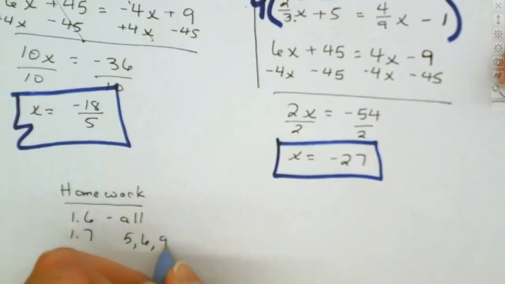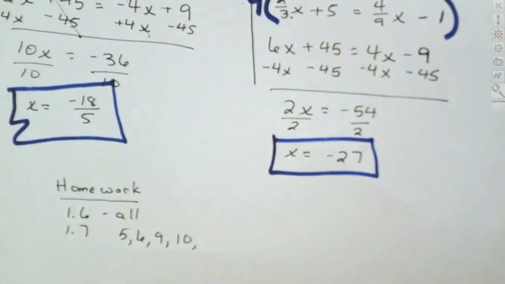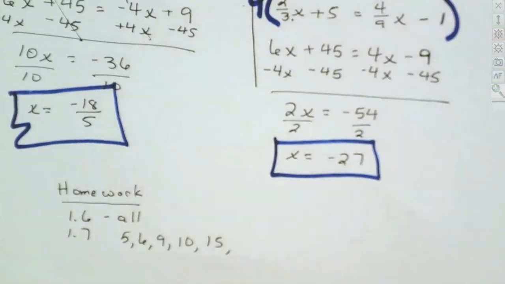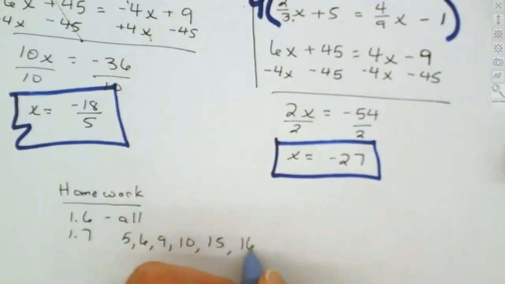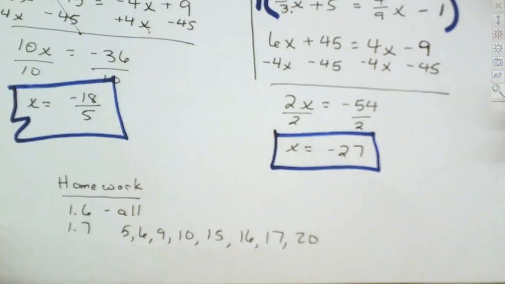You can do 9. You can do 10. Can't do 11 yet. We'll talk about 12 next time. You can do 15, because that's a fraction one. You can do 16, 17, and 20. So those are the ones that you can do.